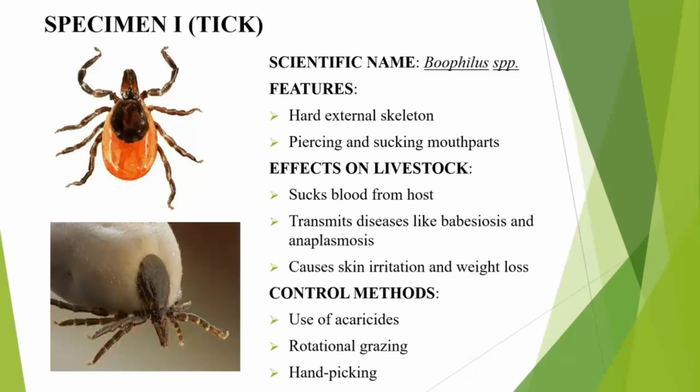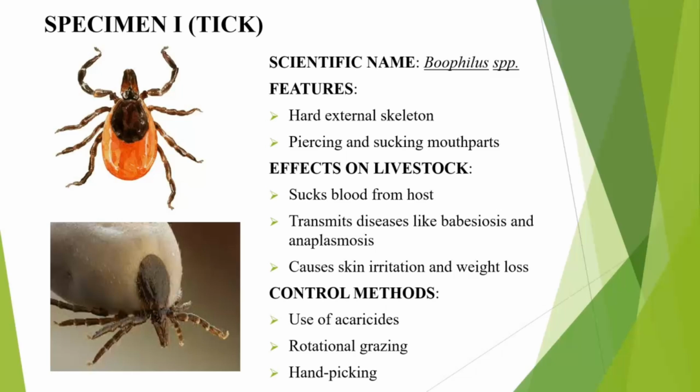Then rotational grazing. So in rotational grazing, just like I have two farms, A and B, and I take my farm animals to farm A to graze, that's to feed, and I notice that they had ticks, so it is ideal for me not to take them to that farm, so I'll take them to a different farm to reduce that spread. So that's what we call rotational grazing.